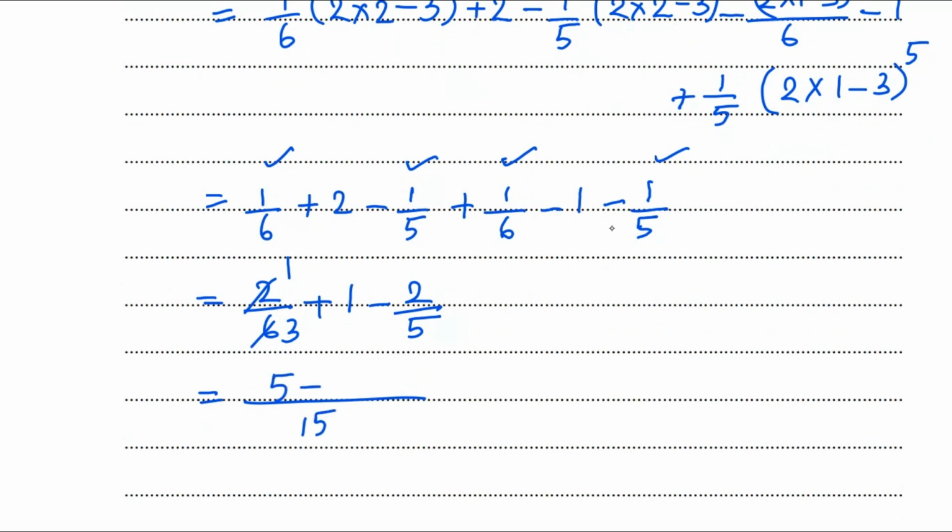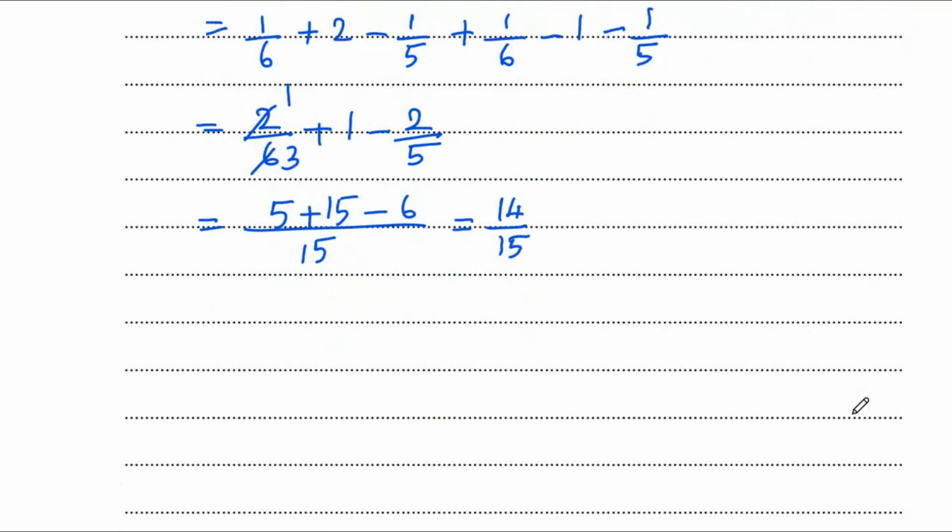So 5 times plus 15 minus 6. This is equal to 20 minus 6, which is 14 over 15. So the area of the shaded region is 14 over 15.